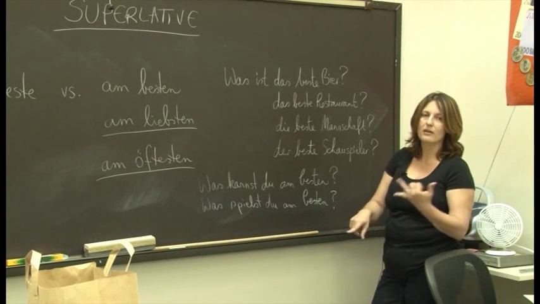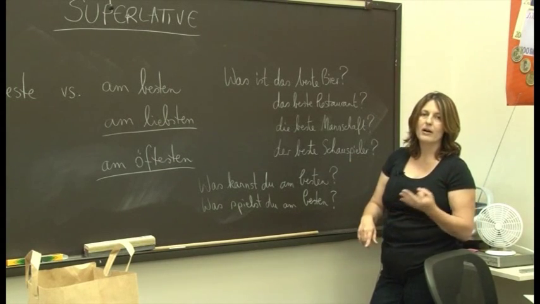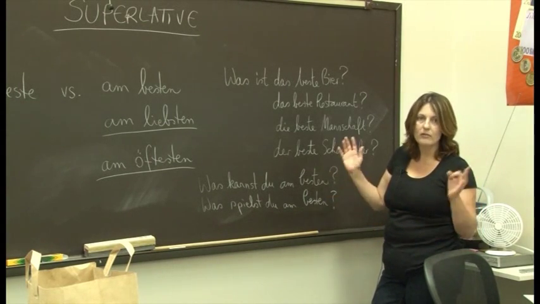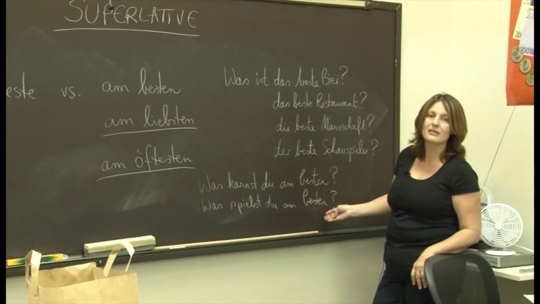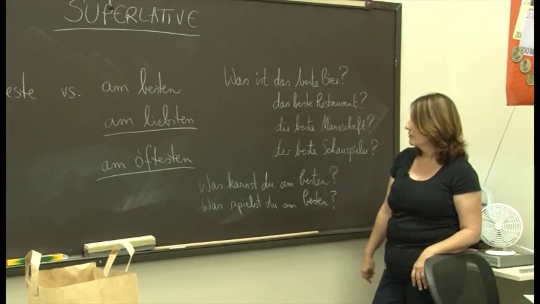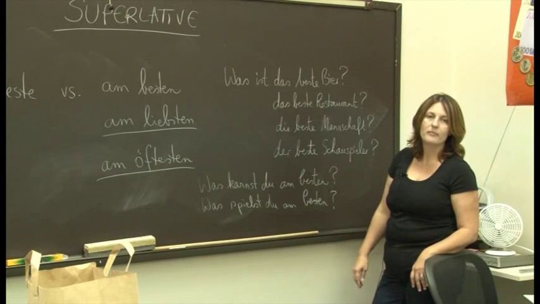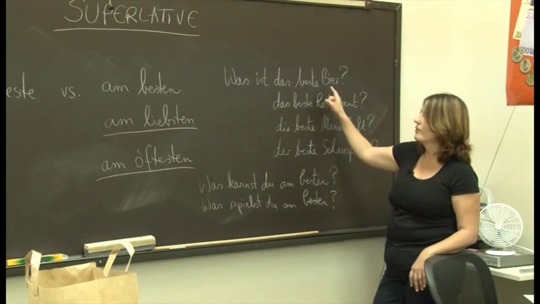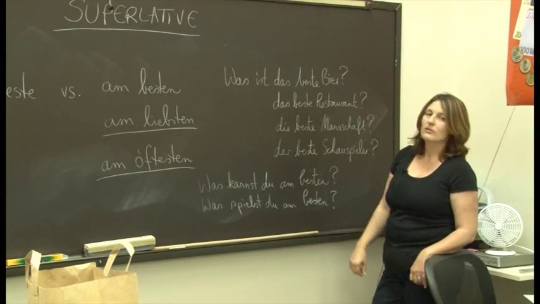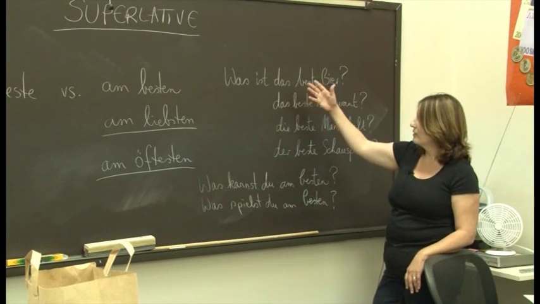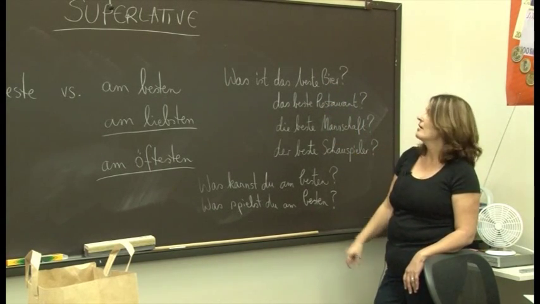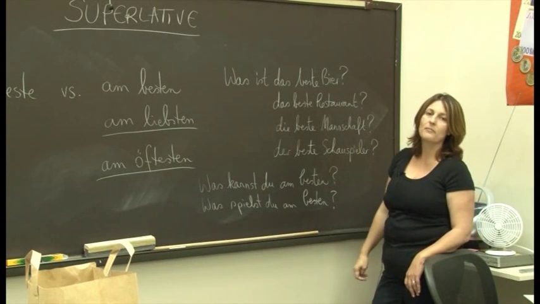Ich spiele Fußball, ich spiele Volleyball und ich spiele Golf, ja? Oh, okay, was spielst du am besten? So anytime you refer to the verb, use am and the superlative. If you're referring to the noun, you use the article that is appropriate, okay? And no N endings, okay?